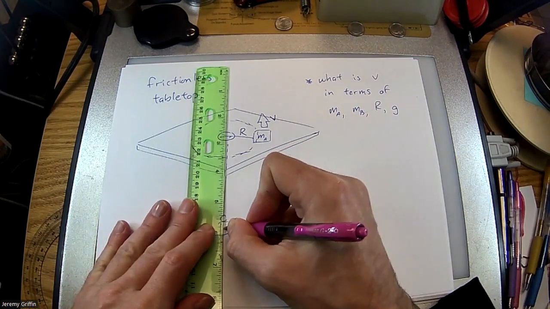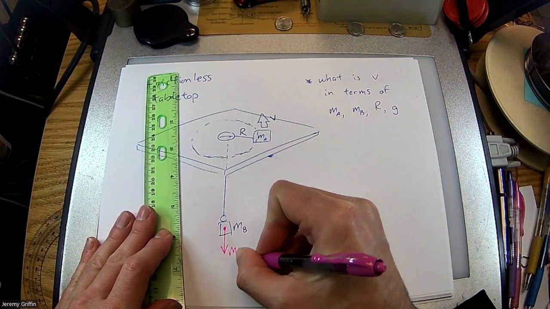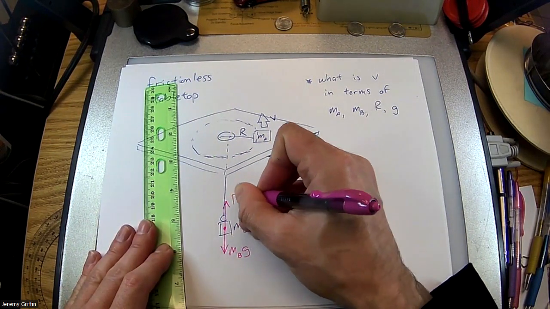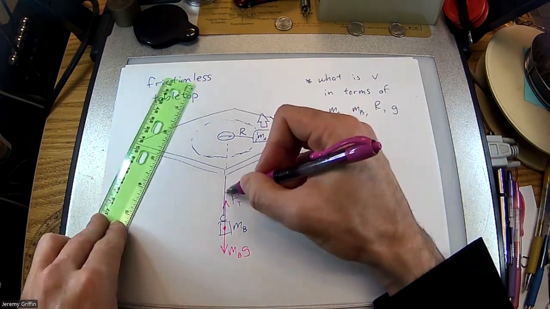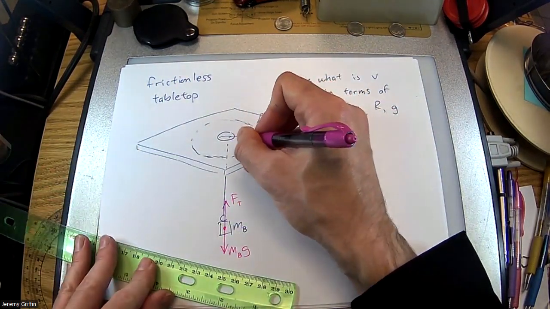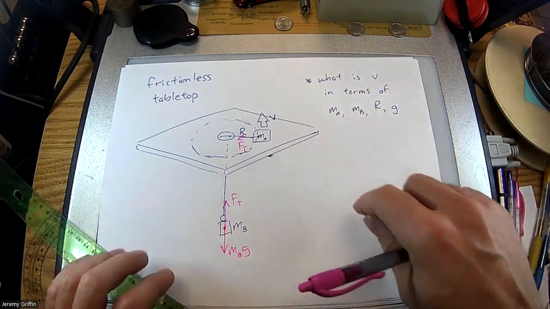So, thinking this hanging lab weight has some weight I'll call M sub B times G, and some upward force that's the tension. So I'll call it F sub T tension. Okay? Now that tension is also pulling this block in, F sub T. And it's the same tension force, same tension. There's only one tension in that string.